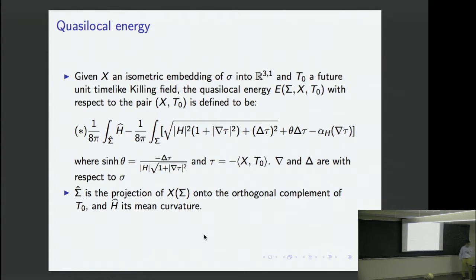Okay. And in fact, you also see the dependence on the mean curvature and the connection one-form that is defined. As I mentioned, I fixed an isometric embedding. So this is my surface here. It is isometric to my physical surface.